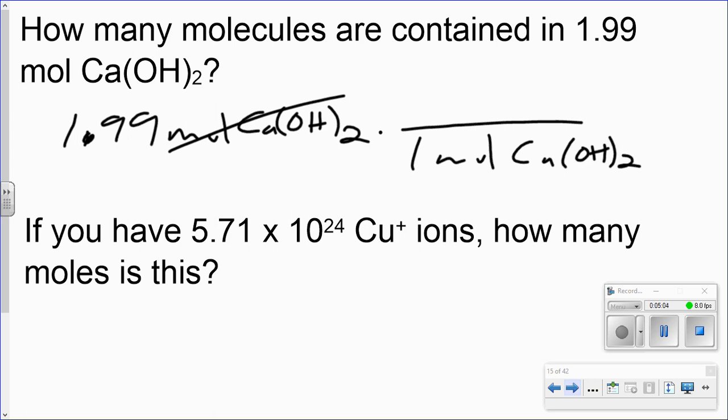How many molecules? Well, that's 6.02 times 10 to the 23rd molecules, because we're looking for molecules. And yes, you have to write out molecules. I don't care if you write it sloppy. You just have to write it. So 1.99 times 6.02 is 1.19 times 10 to the 24th.